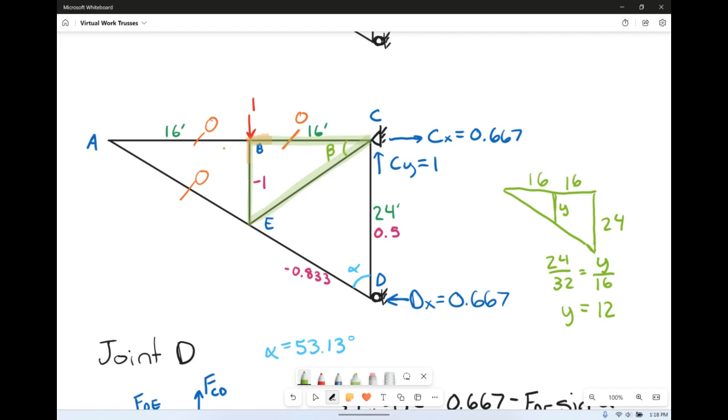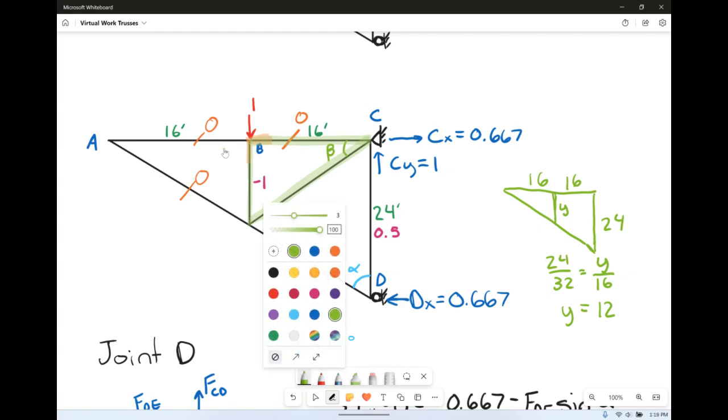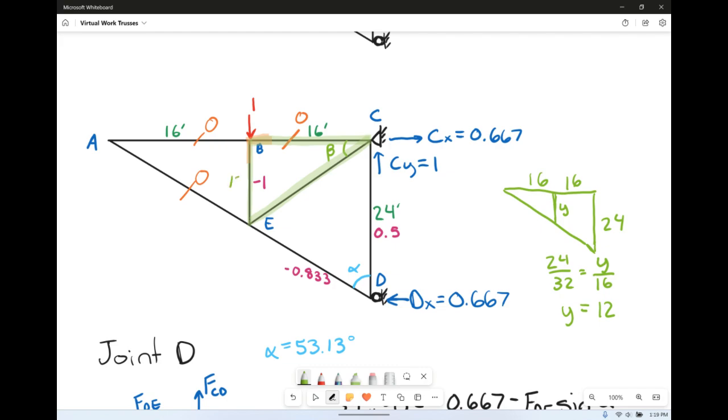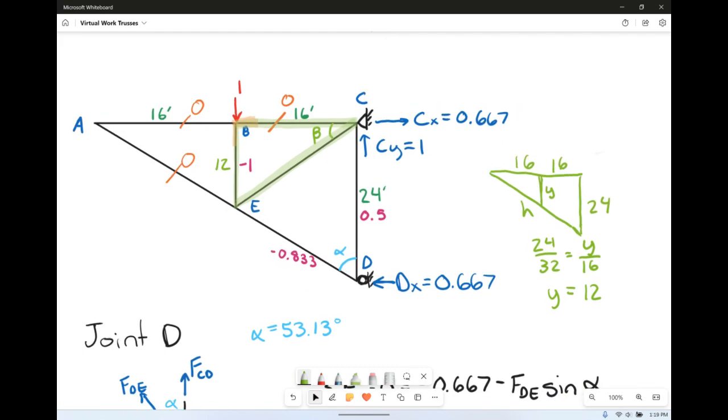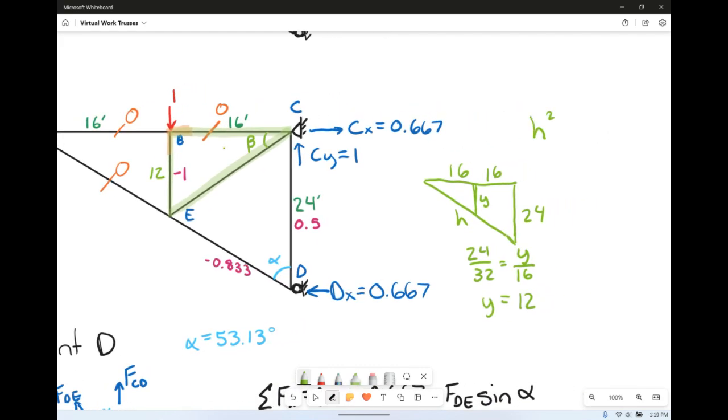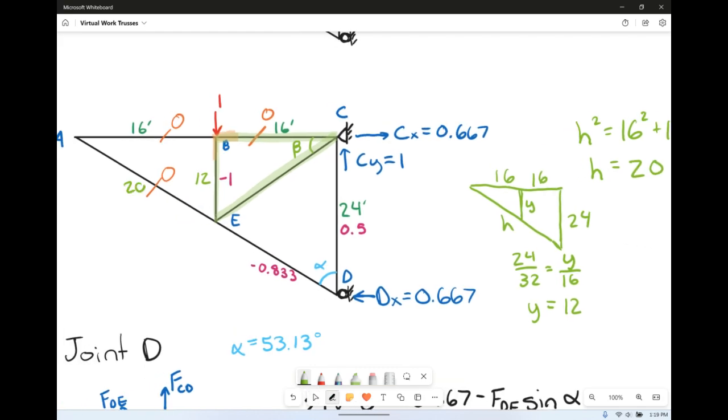So while we're at it, why not let's just go through and put some more distances in. We'll just leave it in this green color. So we've got 12 here. That's nice. And then if we try and find the hypotenuse, let's call this h. The hypotenuse of this wonderful triangle, we know that h squared is equal to 16 squared plus 12 squared. So h, the hypotenuse there, is going to be equal to 20. So this guy is 20.